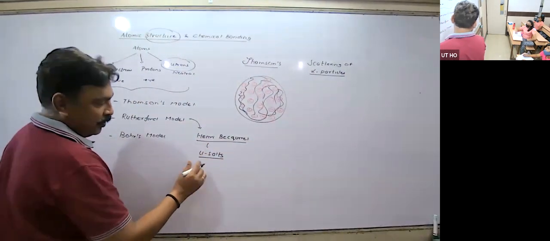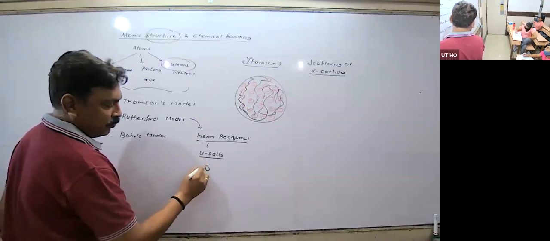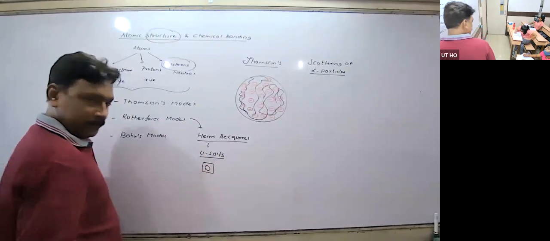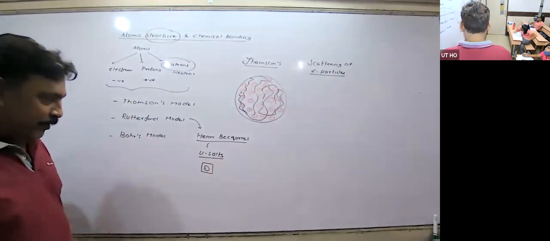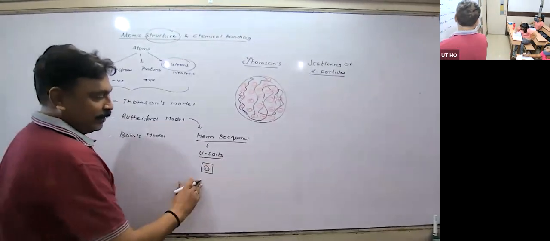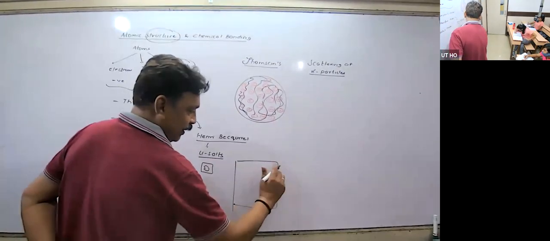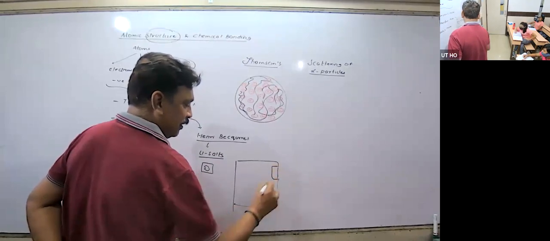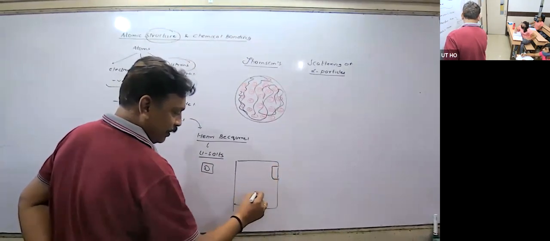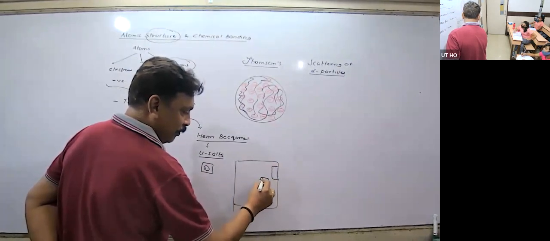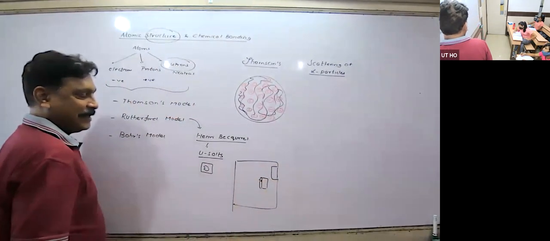After his research, he took this uranium salt, wrapped it in black paper, kept it in his drawer and went home. Imagine this is his office or lab, there is a window here, and somewhere here he kept his drawer.